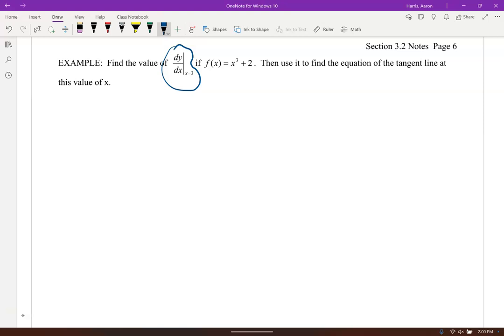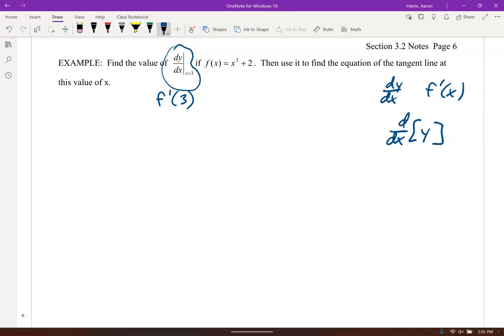But anyways, dy dx at x equals 3, that's the same thing as saying find the derivative at 3. So dy dx is the same thing as f prime of x. And you can also write it this way, the derivative of y. All three of those are saying the same thing.